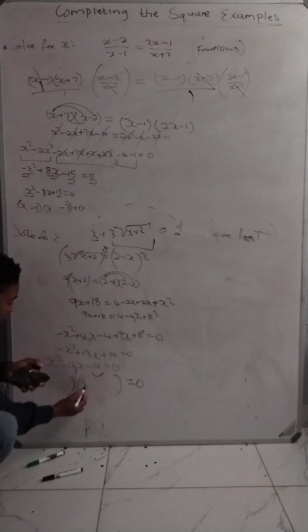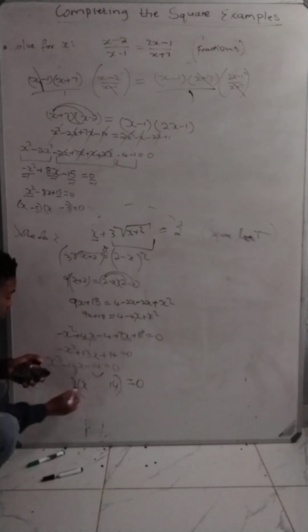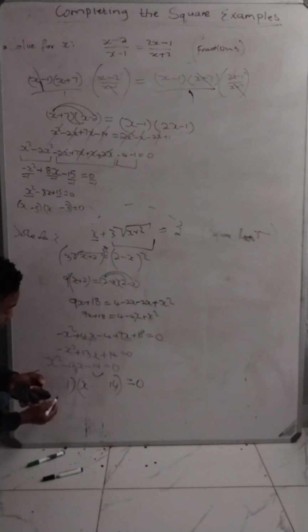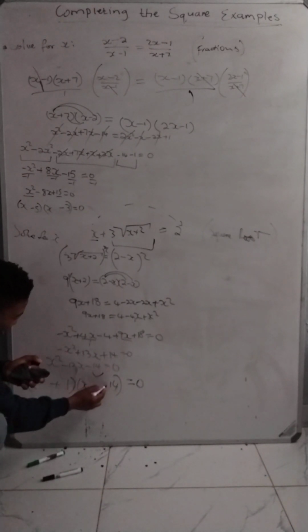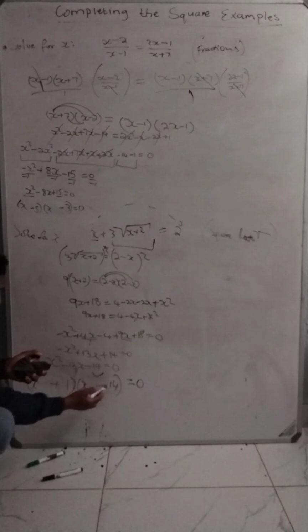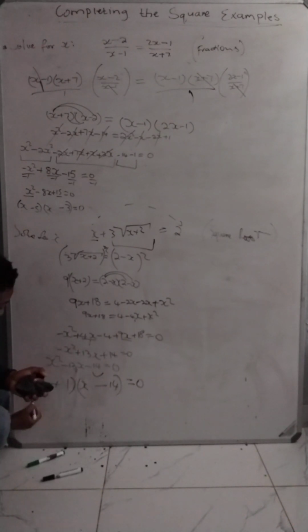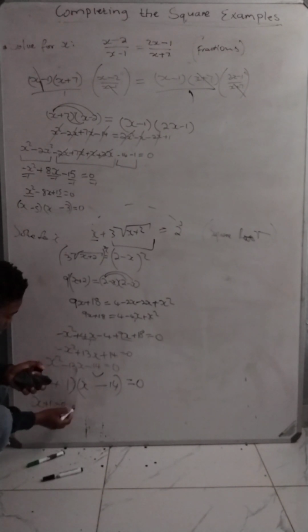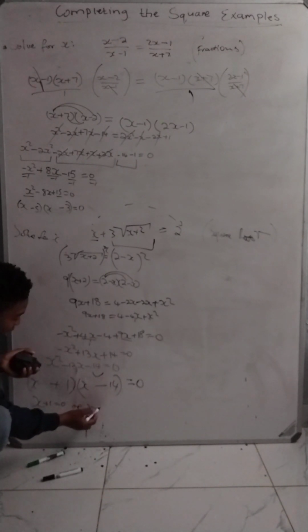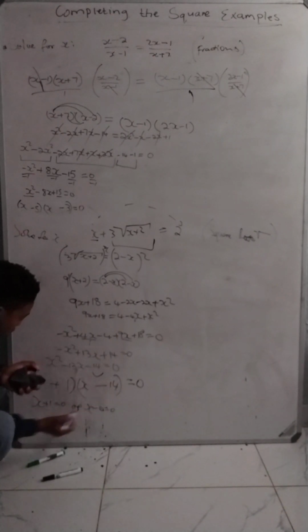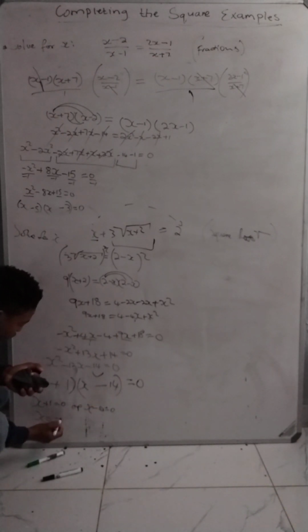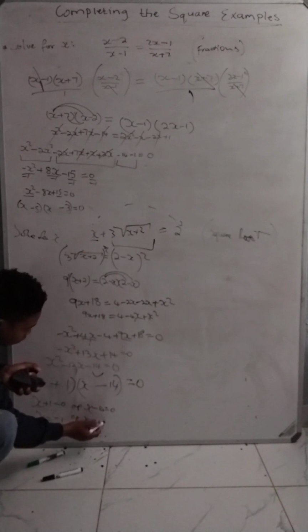We'll have x this side, we'll have 14, we'll have 1, right? And then we'll have a positive 1, we'll have a negative 14, because minus 14x plus 1x will give you minus 13x, and then positive times negative will give us negative 14. So your x will be x plus 1 is equals to 0, or x minus 14 is equals to 0. Therefore x will be negative 1, or x will be a positive 14.